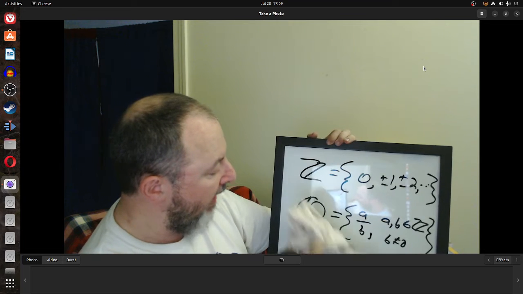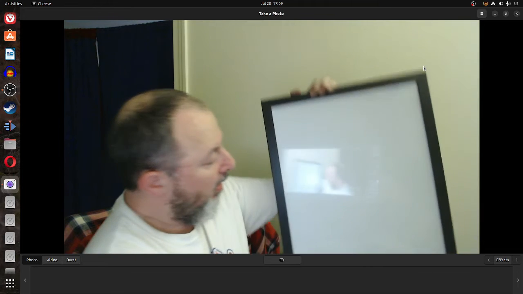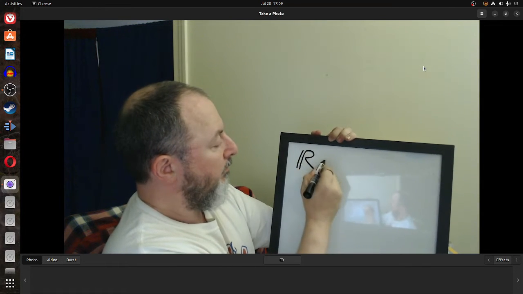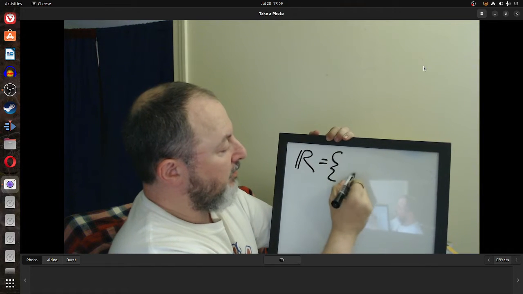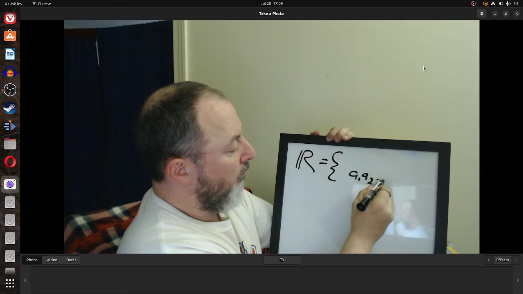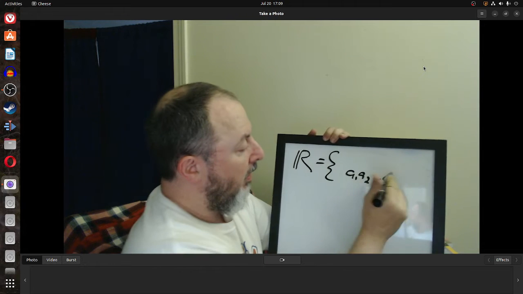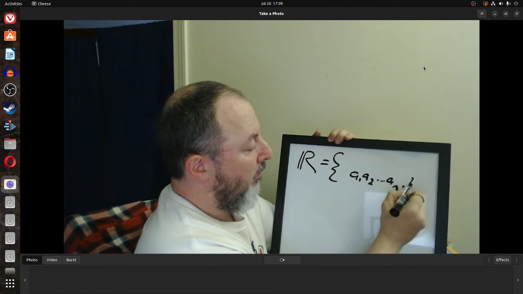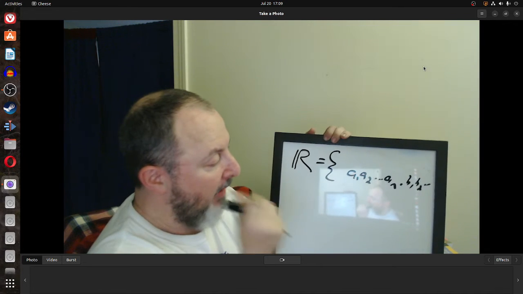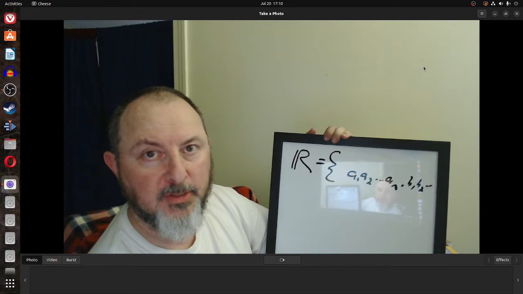Together, the irrationals and the rationals make the real numbers, R, which are just all decimals, with digits 0 through 9, that can go on forever. So all numbers with decimals are the real numbers.